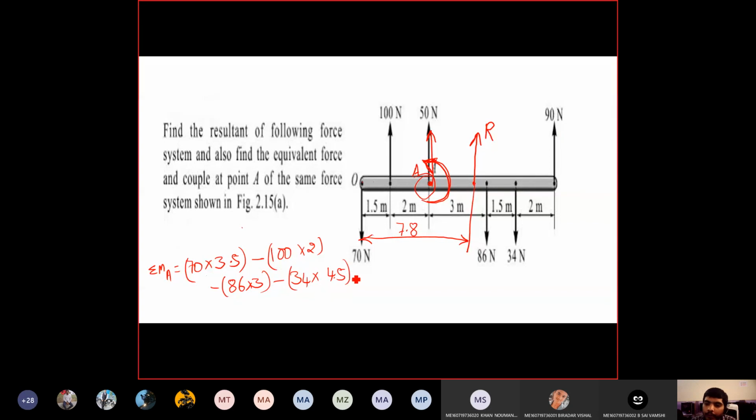Next, what about 90? It is anti-clockwise now. That's plus 90 into 6.5. If you solve this now, then you will get one value, that is the moment value.